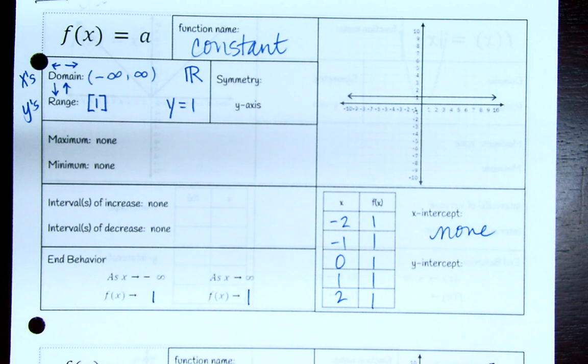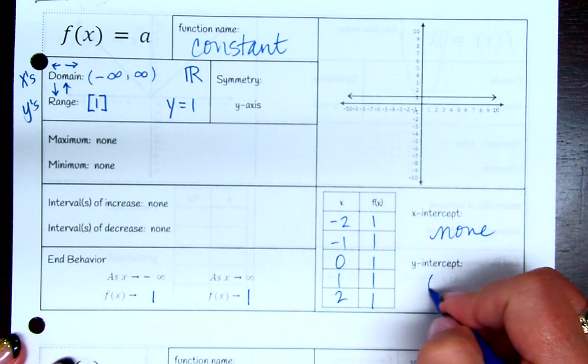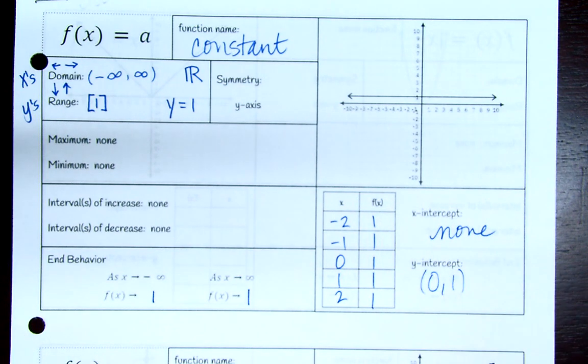And if I say what's the y-intercept and you say 1, is 1 a point? So where's the point that the line crosses the y-axis? (0, 1). Absolutely. And I know that seems picky, and I guess technically it is, but I don't care. It's right. Okay? All right, any questions about constant? We good?